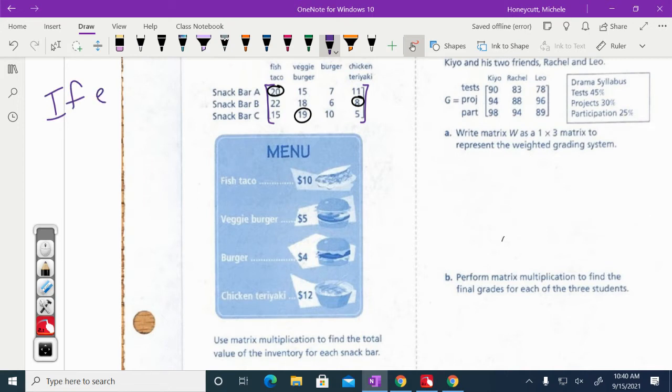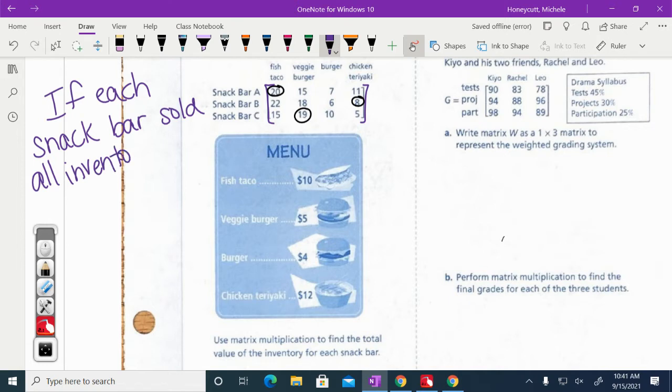If each snack bar sold all of its inventory, how much money would each snack bar have?